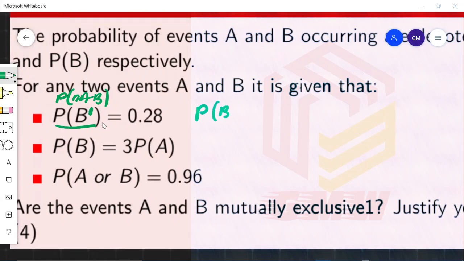Probability of B plus probability of B complement should be equal to 1.